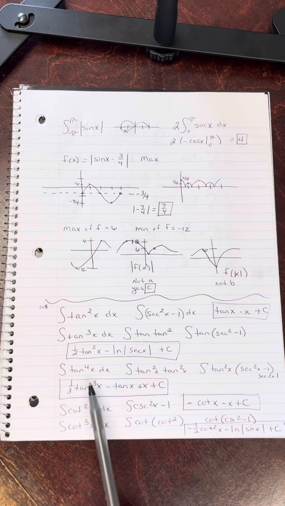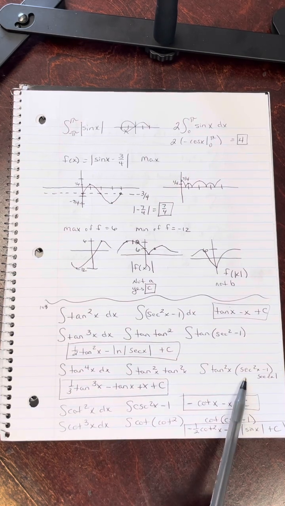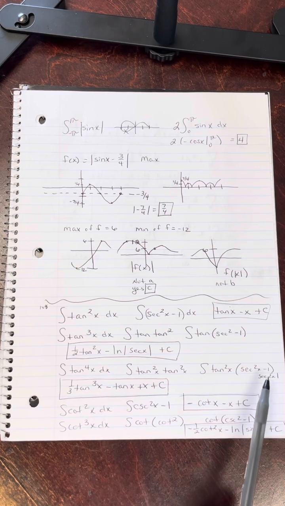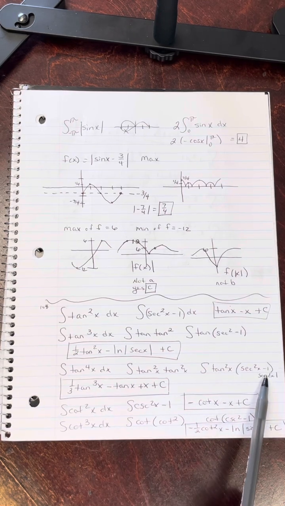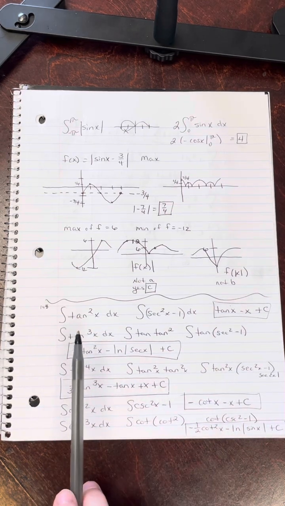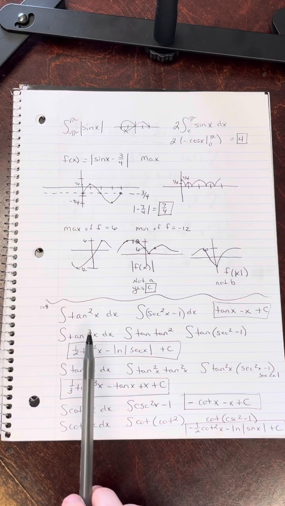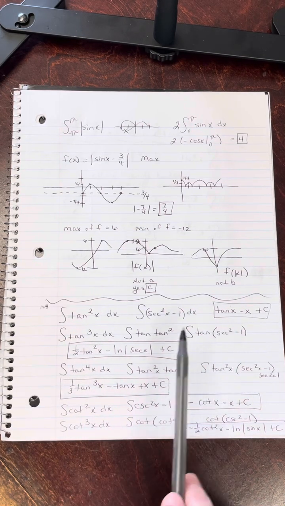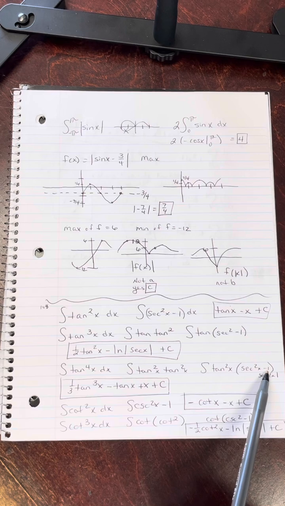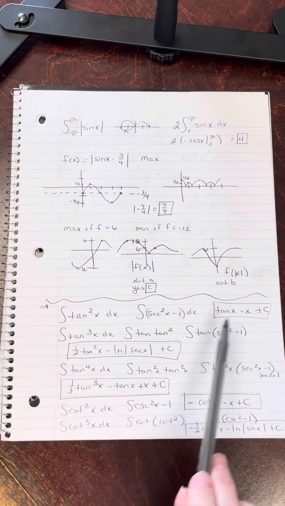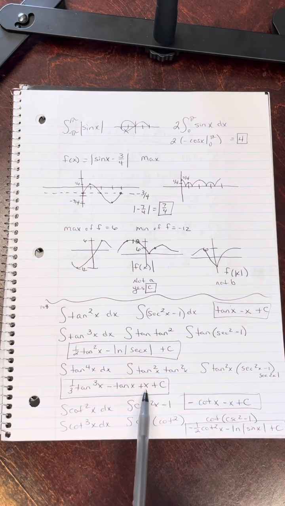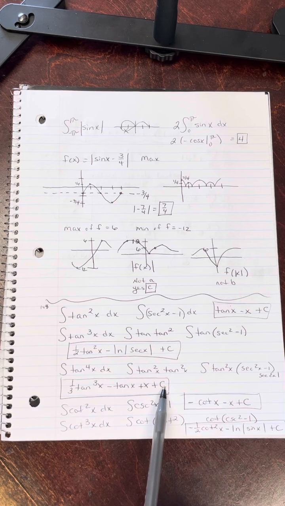So 1/3 tangent cubed, and then of course if you're working backwards, that gives you the secant word coming from that. Then this tangent squared minus 1 is what I had in example 1, so we're just writing it, but it's minusing, so minus tangent plus x, and the plus c from the integration.